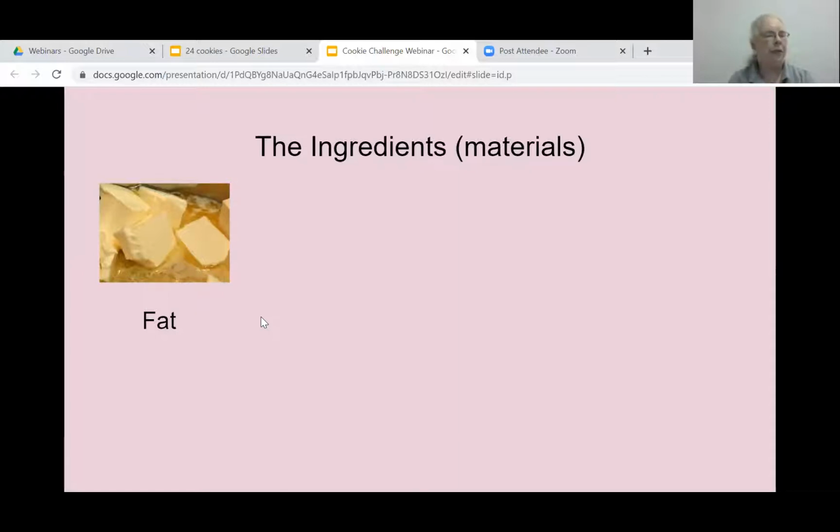If you have an allergy, you may can change it to something that will work better for you or your friend. So make sure that you look at that also. But we have to have some kind of fat because this will make our cookie chewy or crunchy. Keep that in mind. So if you're writing down and kind of figuring out what you might need in your recipe, that's essential. You have to have it.